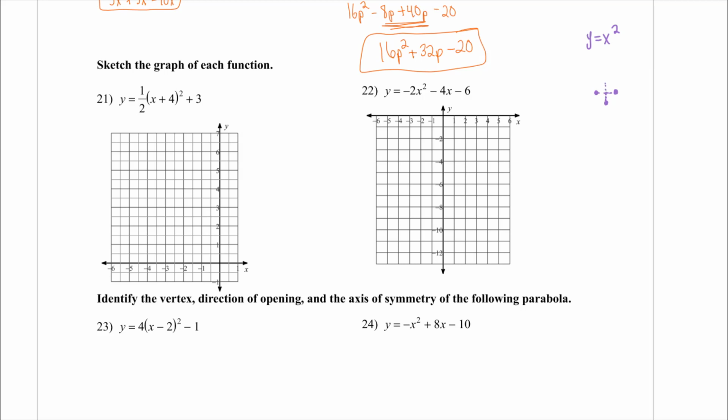So 1, 2, 3, 4, and then out 2. So here's 1, here's 2, here's my next point. That kind of looks bad, but that is the shape of our parabola.